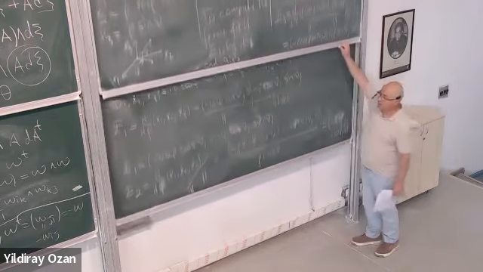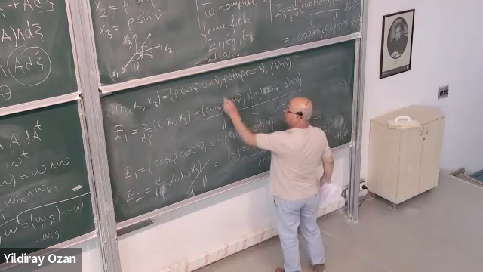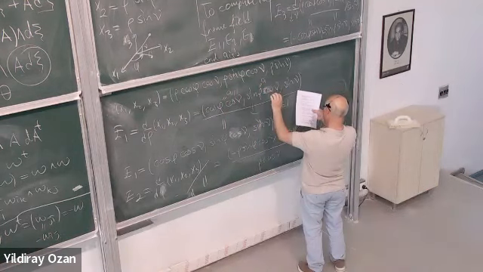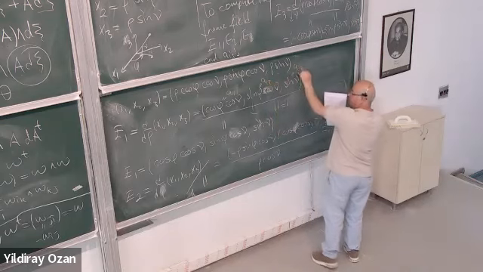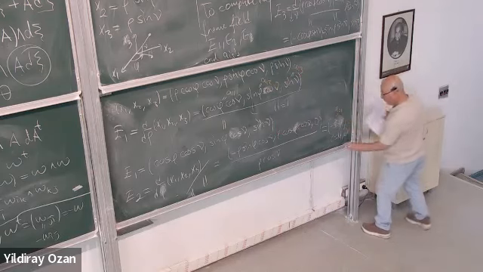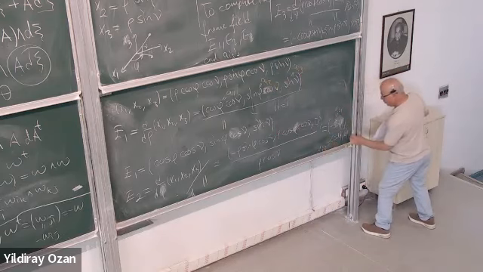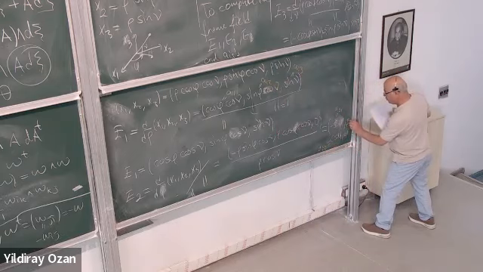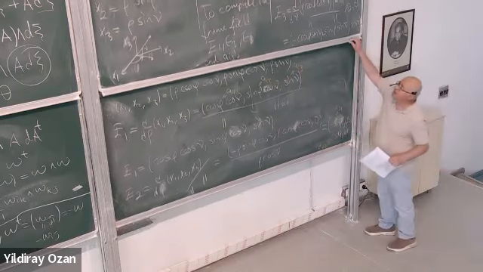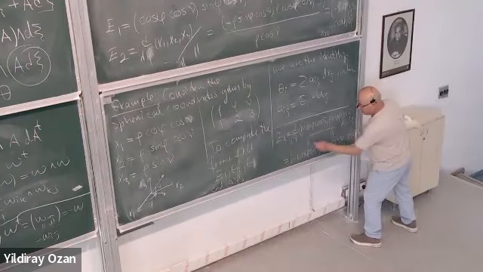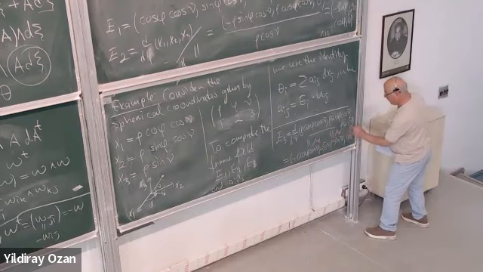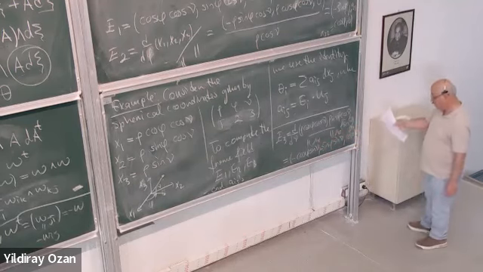So this is A11, this is A12, this is A13, this one is just A21, this is A22, and this is A23, yes, and this one is A31, this one is A32, and this one is A33. All right.